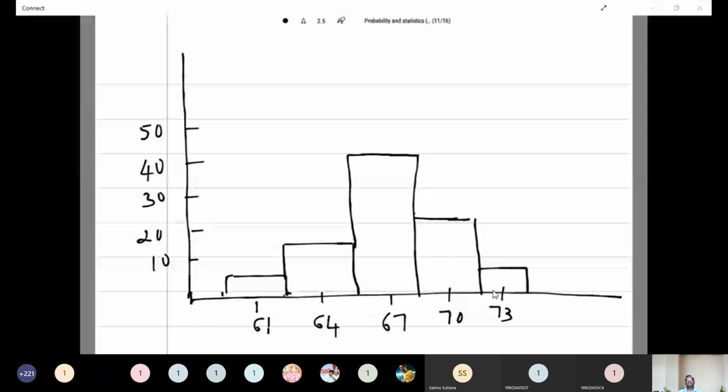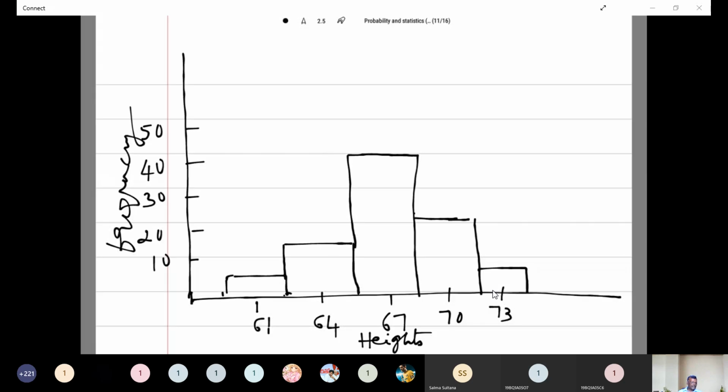We have to draw the histogram like this. On the x-axis heights, on the y-axis frequency.